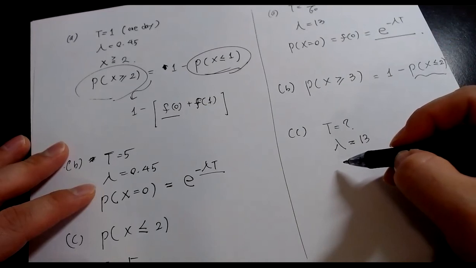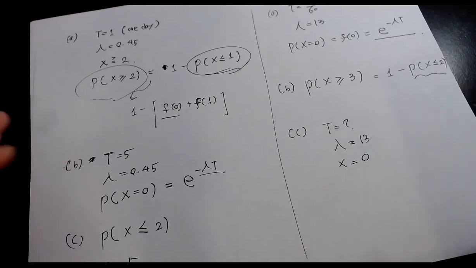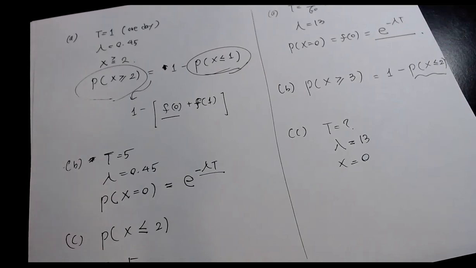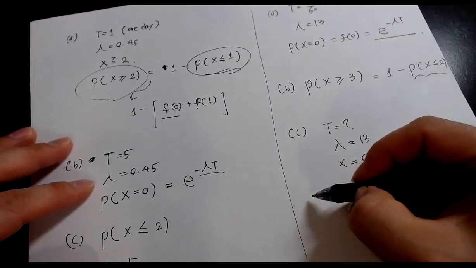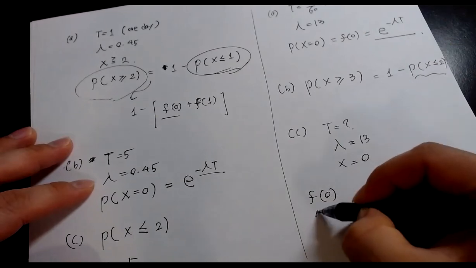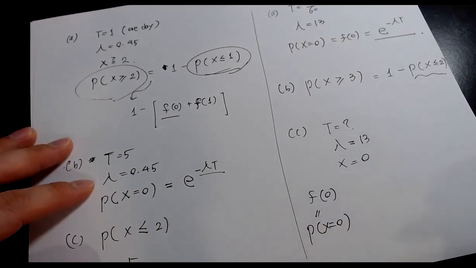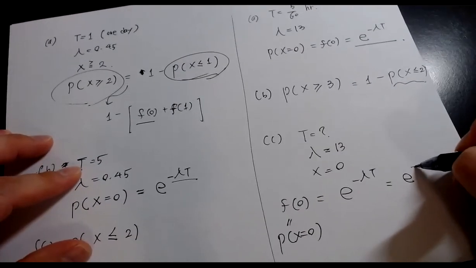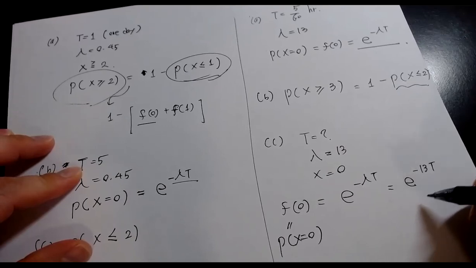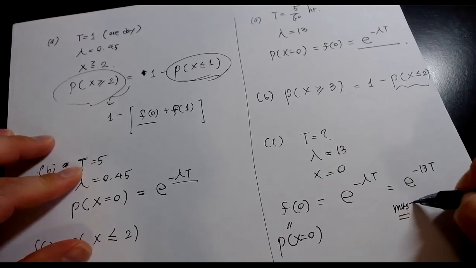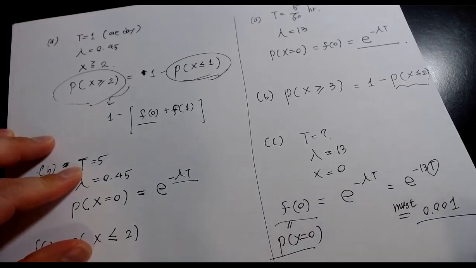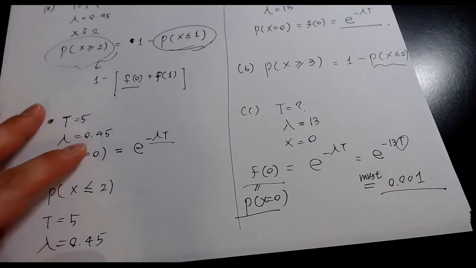X is 0, because no orders means x equals 0, since x represents the number of orders in the time interval. So f of 0 is e to the negative 13 times t, which must be 0.001.